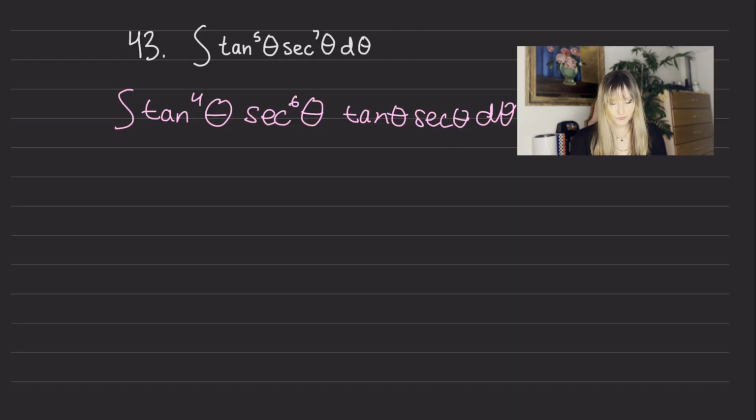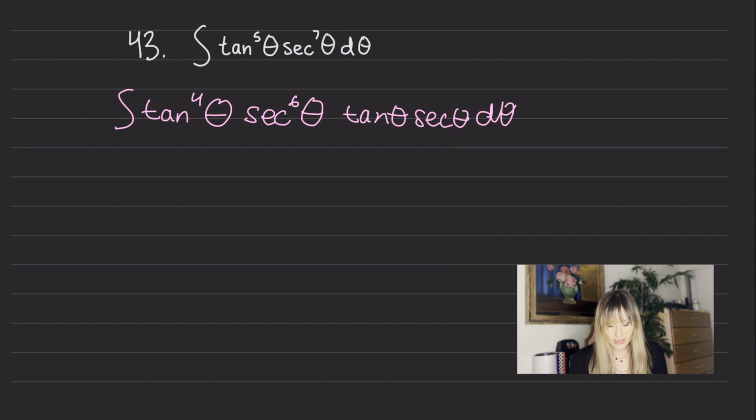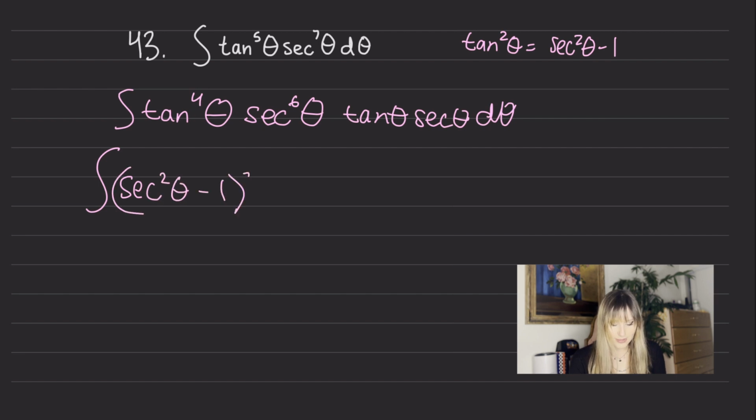Thus, tangent squared is going to be secant squared minus 1. So we have (secant squared minus 1) squared, secant to the 6th, and then we have tan theta, secant theta, d theta.